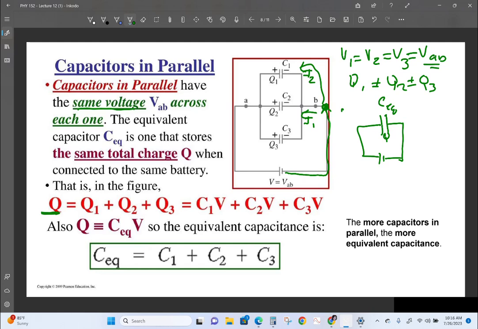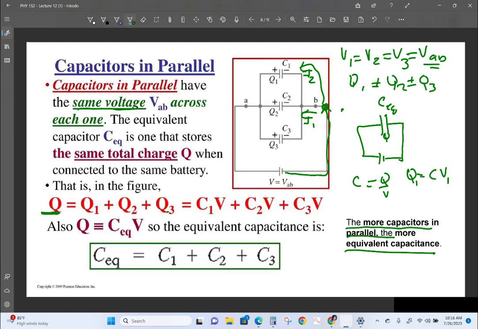And remember that C equals Q over V, so Q is equal to C times V. So Q1 would be C1 times V, Q2 would be C2 times V, and Q3 would be C3 times V. And so it turns out that the equivalent capacitance of capacitors in parallel is just the sum of those. So the more capacitors that are in parallel, the more capacitance and the more charge that circuit can hold.